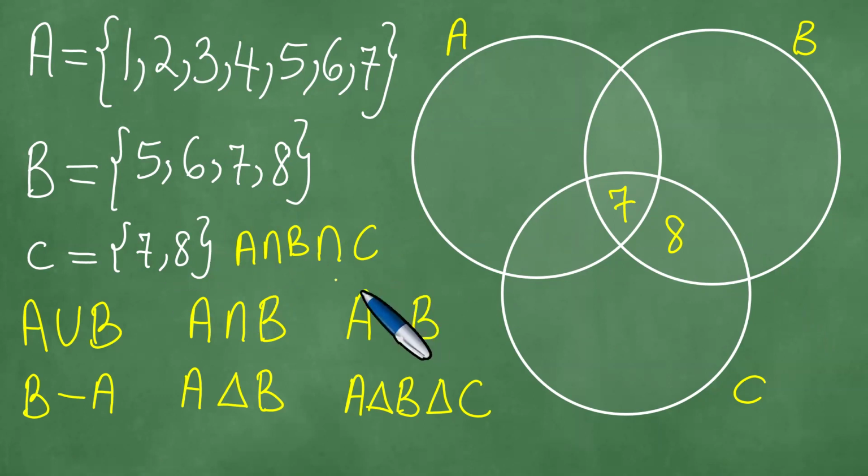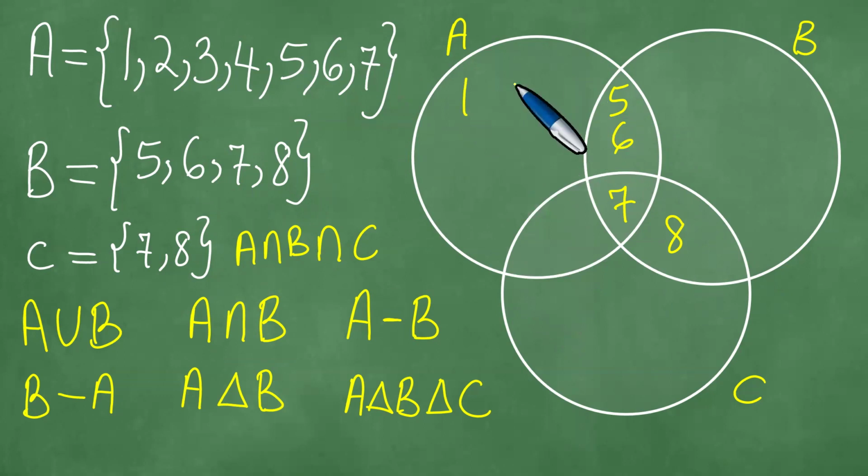Moreover, 5, 6, and 7 are in A and also in B, but 7 is also in C. So 5, 6, 7 are in A and B specifically, and 7, 8 are in B and C. But 7 is in all of them. It's in A, it's in B, it's in C. Okay, so we have that.